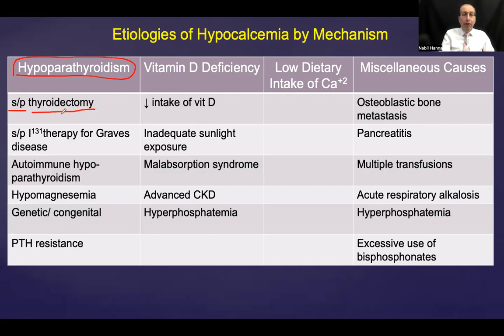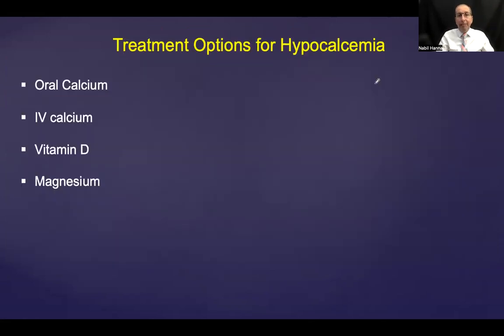So when you remove the thyroid, the patient develops acute hypoparathyroidism and the calcium level drops. Vitamin D deficiency is another cause of hypocalcemia, low dietary calcium, and there are some miscellaneous causes of this hypocalcemia. Treatment of hypocalcemia, guess what? Calcium.